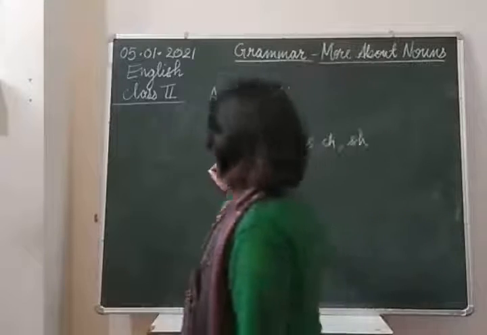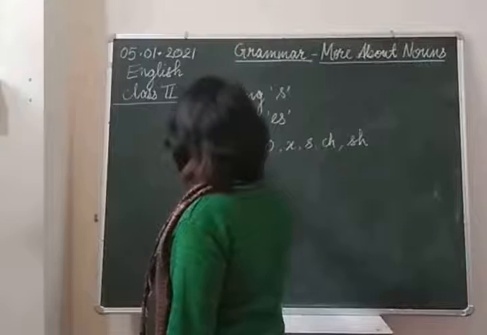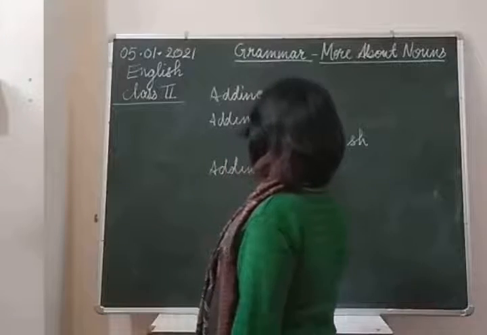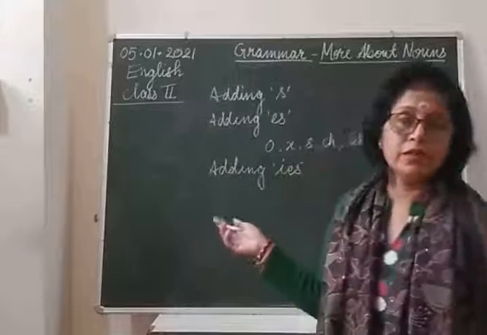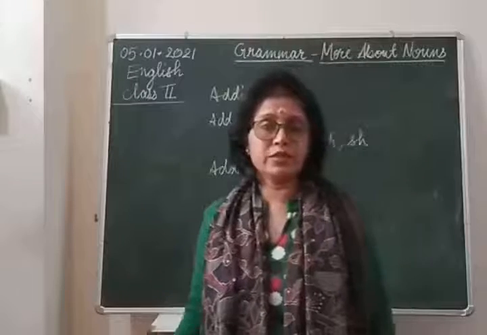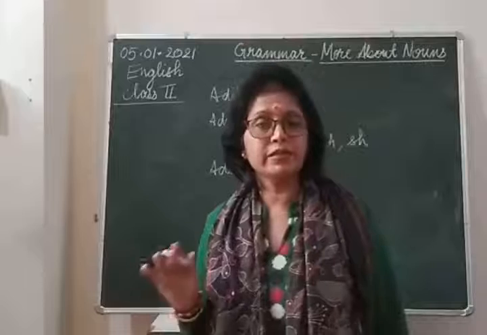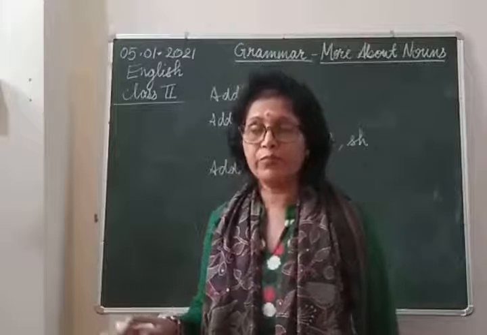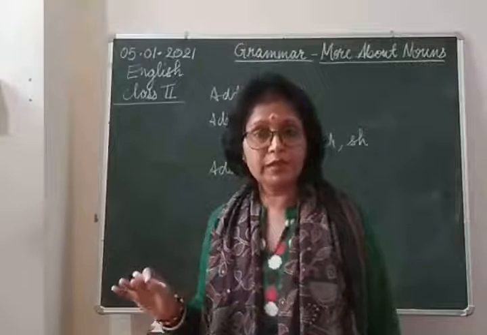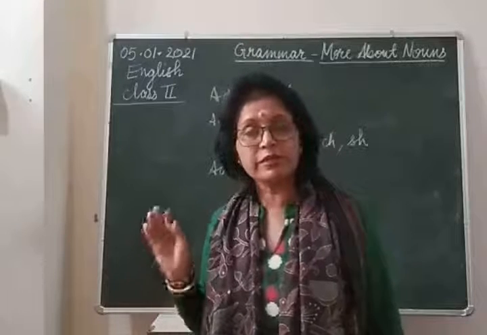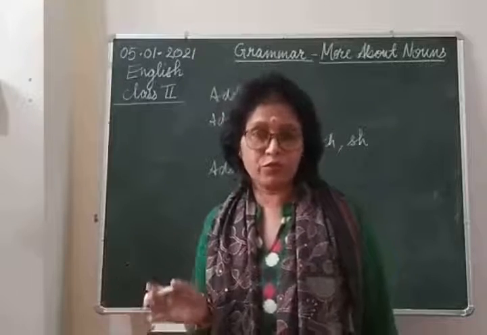Another rule is adding ies. Again, you cannot add ies to any noun. Here also you have to check the spelling of the noun. If the spelling ends with y, then you have to check the letter just before y.